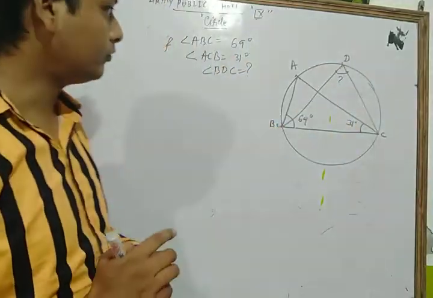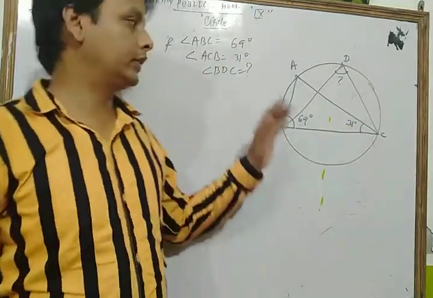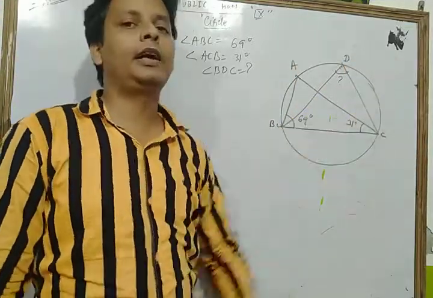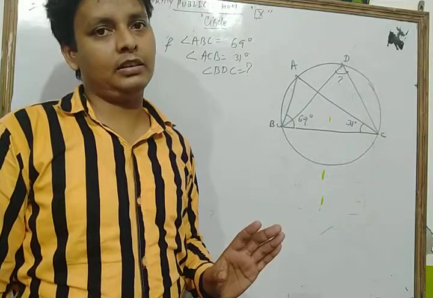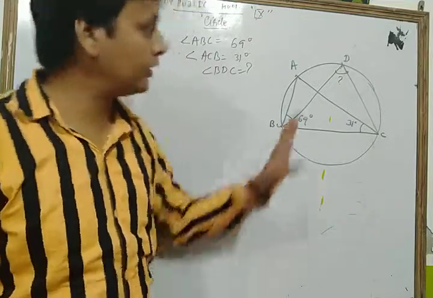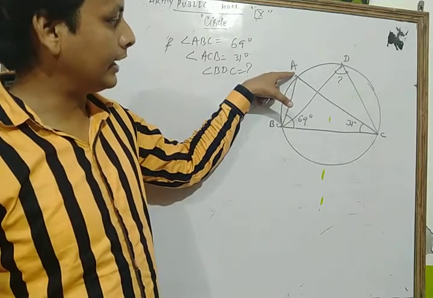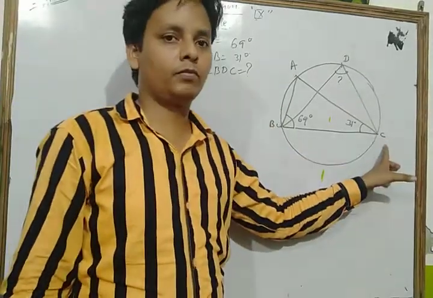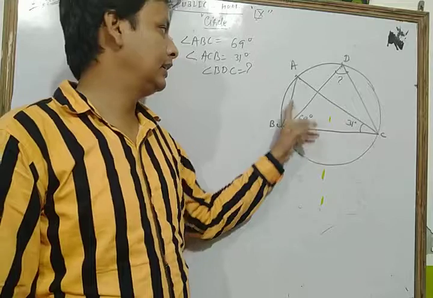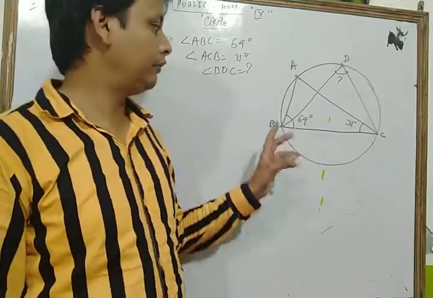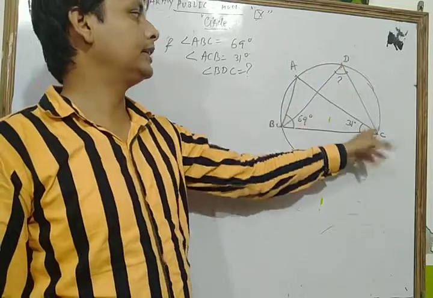Okay, so dear students, this is the figure. Here 4 points A, B, C and D lie on the circle. And in that figure we have angle ABC as 69 degrees, angle ACB as 31 degrees. We find the angle BDC.